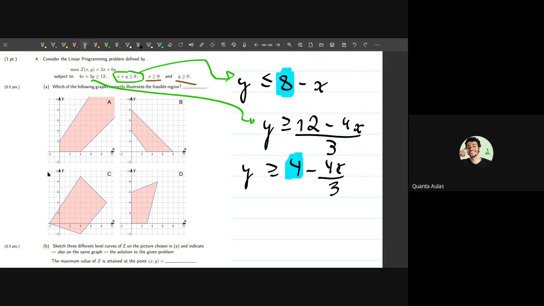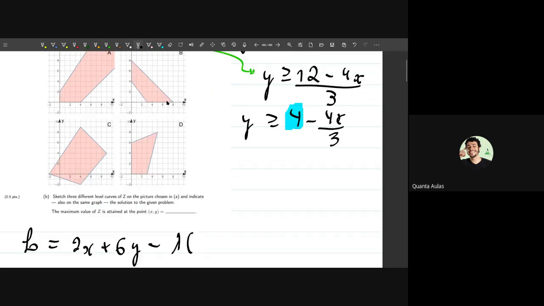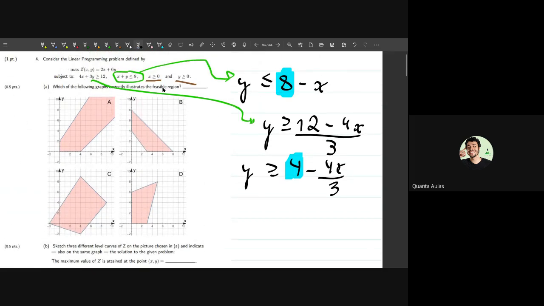Let me see. We have 2x plus 6y. And now we need to put the Lagrangian, okay, for these two things.